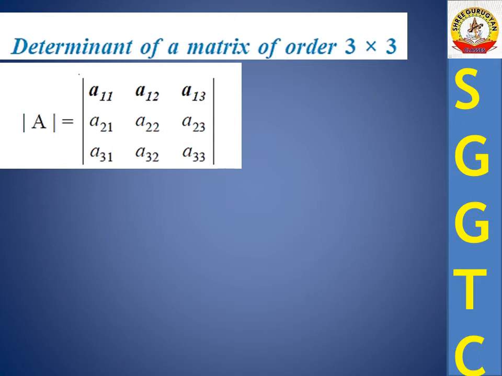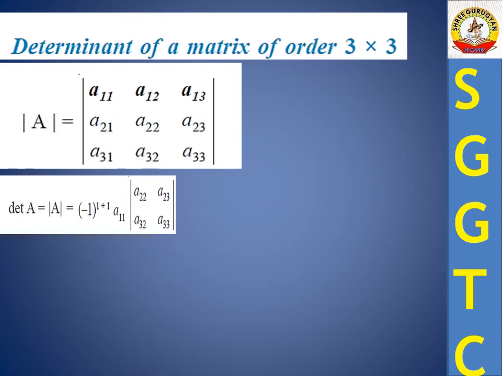See here, in the first row all three elements A11, A12, A13, I am marking in the dark portion, and apply the definition with minus 1 raised to 1 plus 1. For A11, remove the first row and first column, and the remaining data A22, A23, A32, A33 forms the small determinant called the minor.